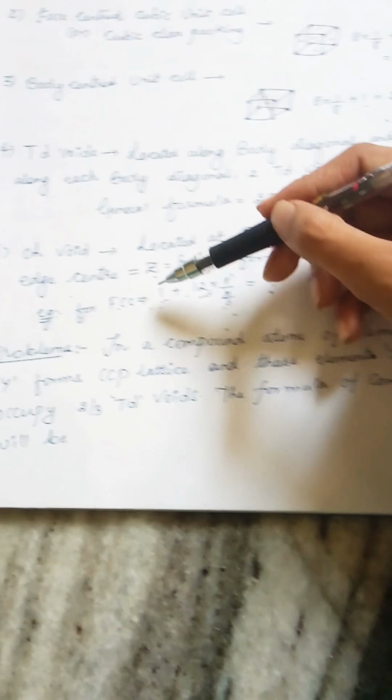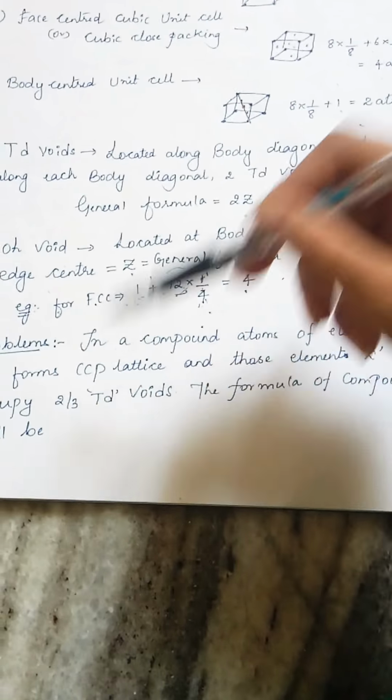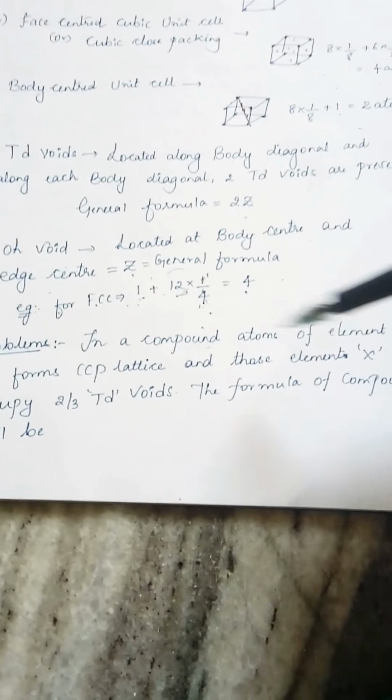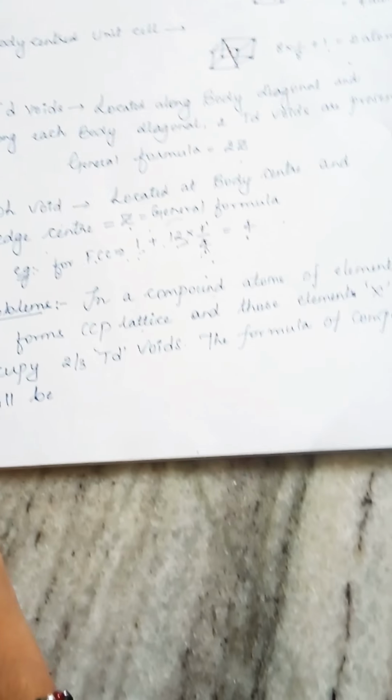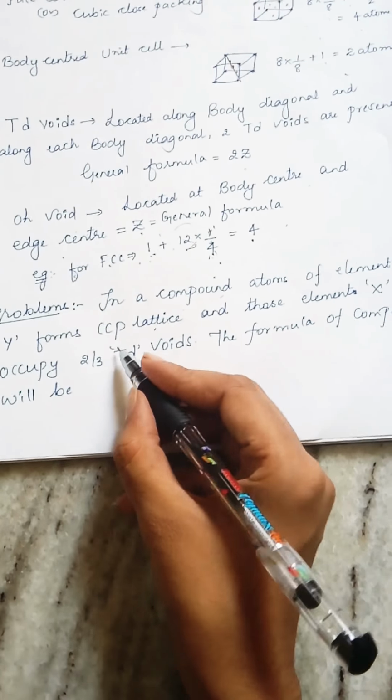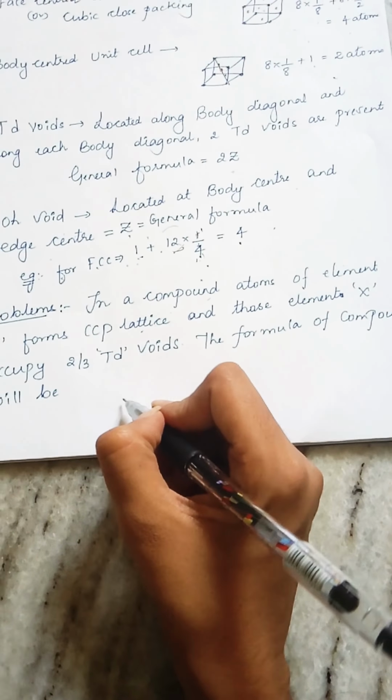So in a compound, atoms of element Y form a CCP lattice. FCC or CCP is one and the same, and element X occupies 2/3 of the tetrahedral voids. The formula of the compound will be: Y forms a CCP lattice, so 8 into 1 by 8 plus 6 into 1 by 2, 4 atoms.